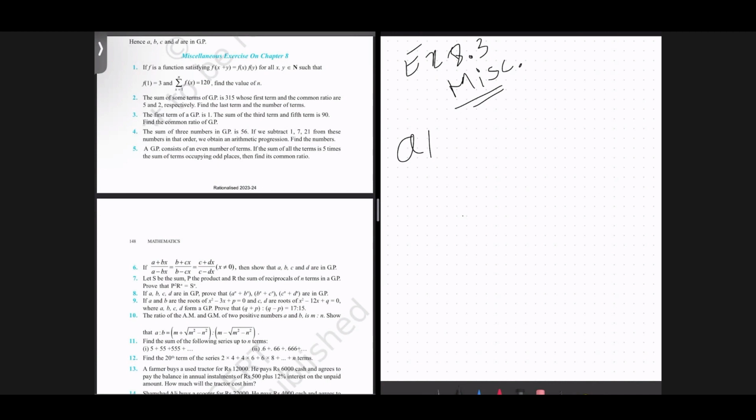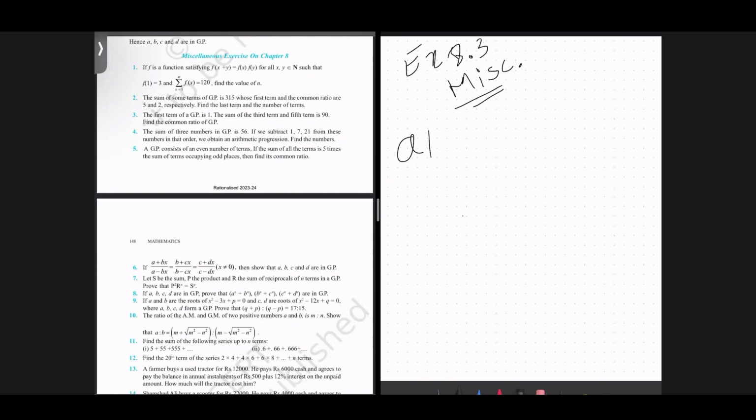If f is a function satisfying f of x plus y equals f of x into f of y for all x, y, such that f of 1 equals to 3 and the summation of f of x for x equals to 1 up until n equals to 120, find the value of n.